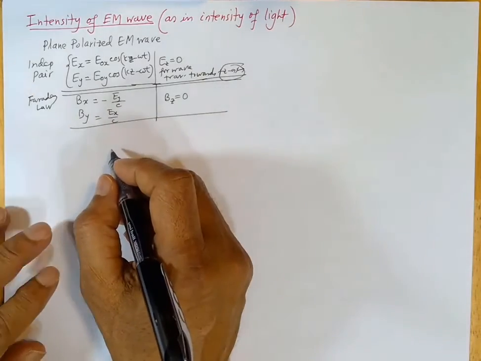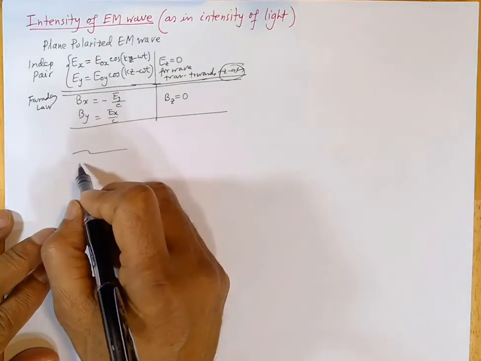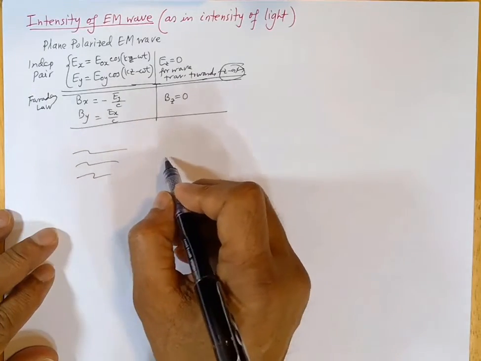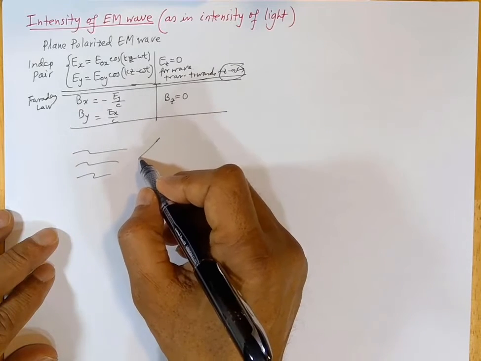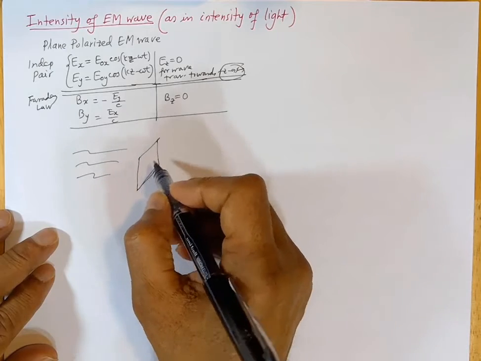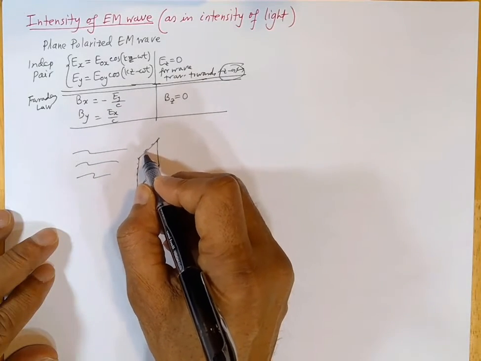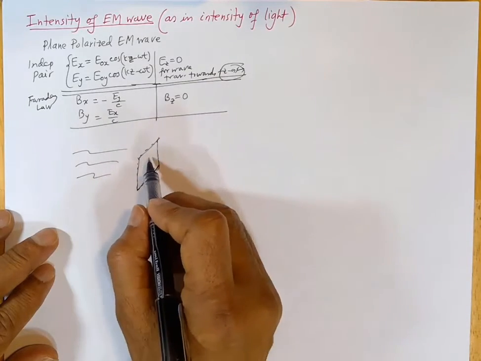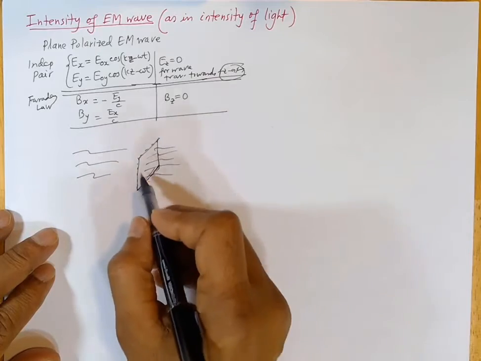We want to know, this is a wave traveling through some space, and say if I put a screen and put an area in front of it, at what rate energy will flow through this area.